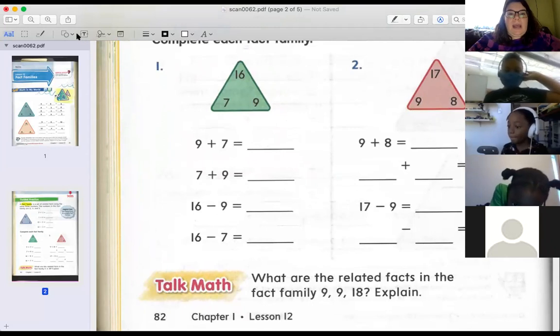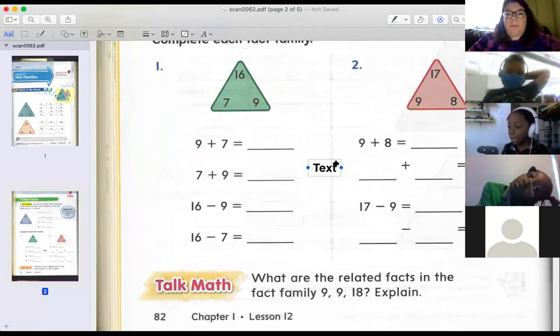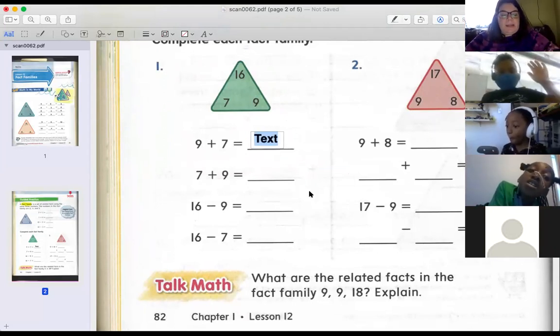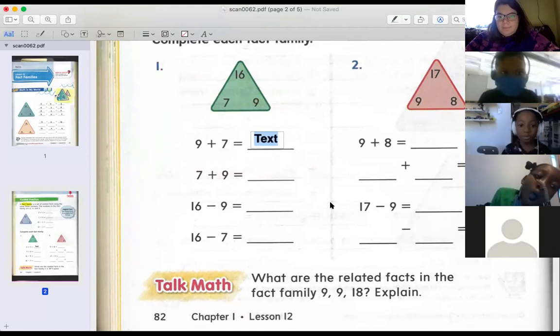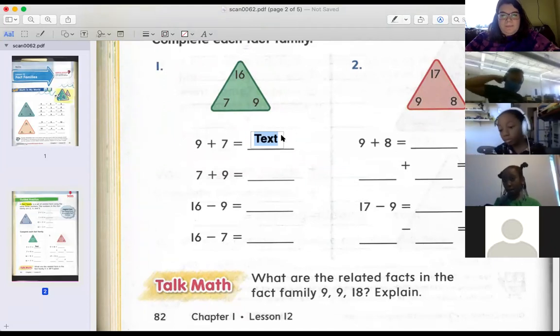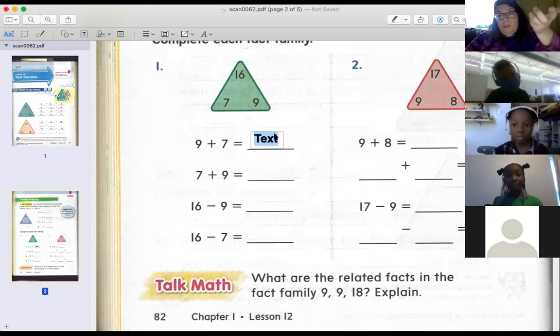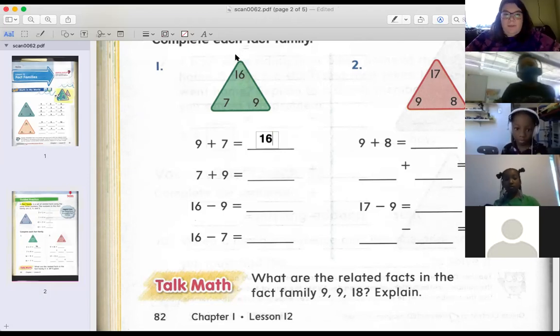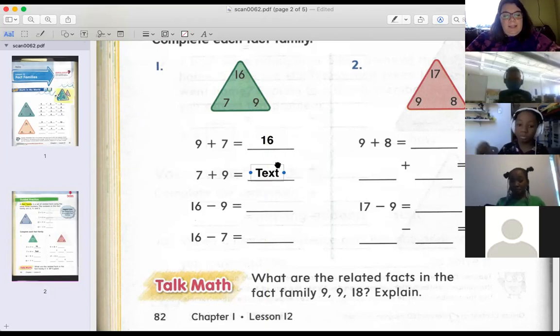What is our answer to 9 plus 7? We can look up in our fact triangle and we see it. No thinking required. What is it? Elijah, what's 9 plus 7? 16. Yep. Now I saw you thinking about it, which is cool, but you didn't even have to think about it. If you look here in the fact triangle, there it is, right? And 7 plus 9 is 16.